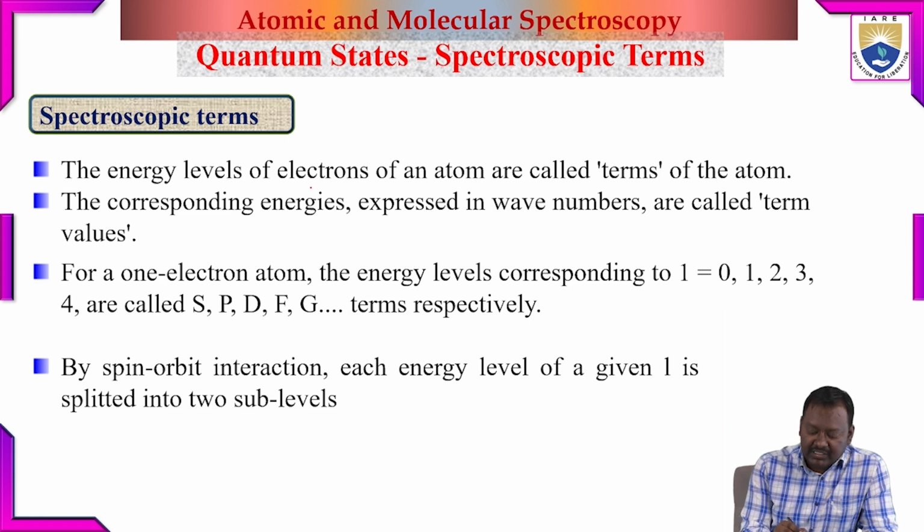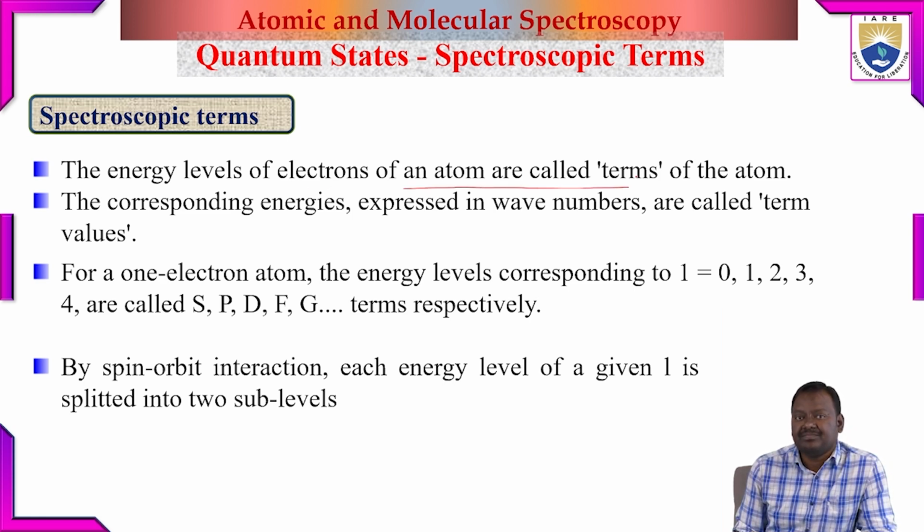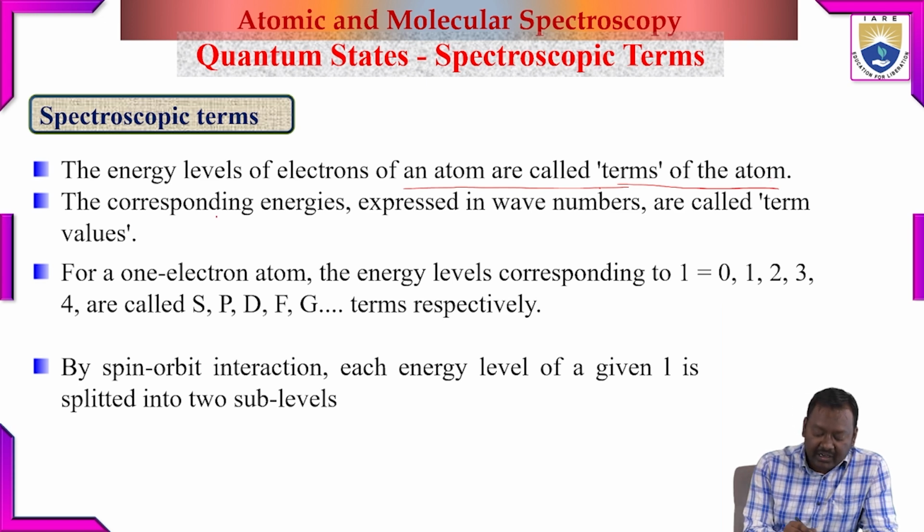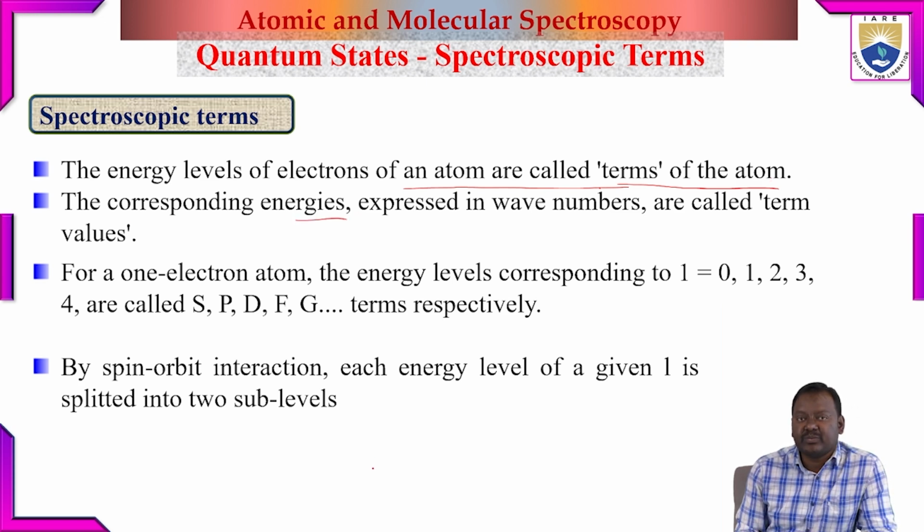The energy levels of electrons of an atom are called terms of the atom, and the corresponding energies expressed in wave number are called term values.